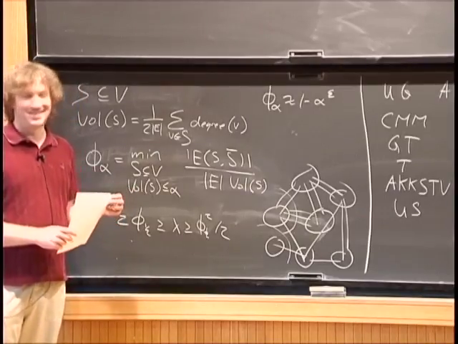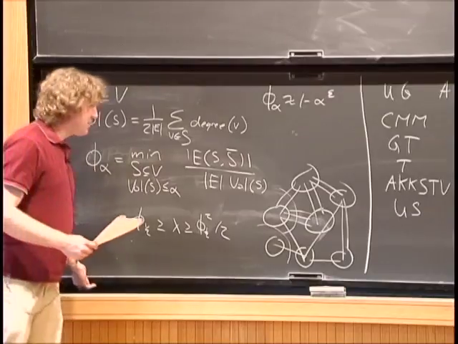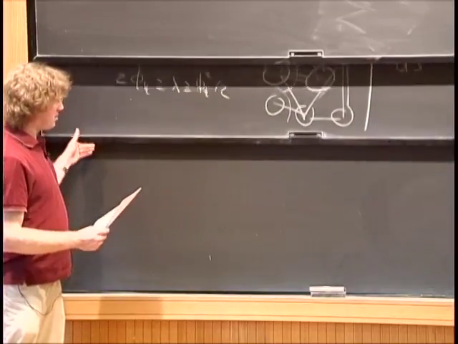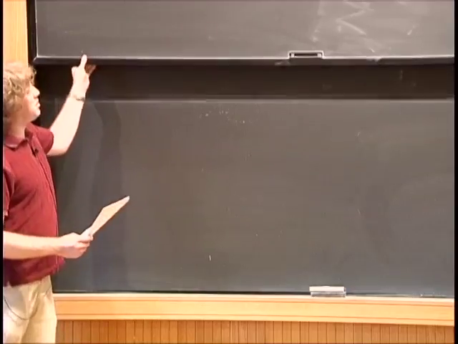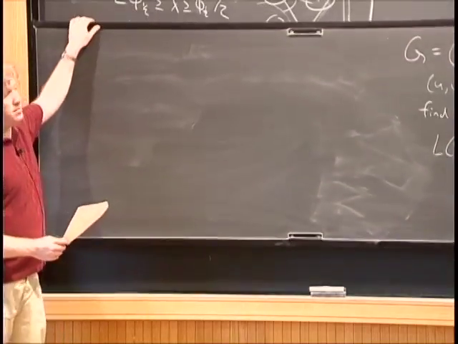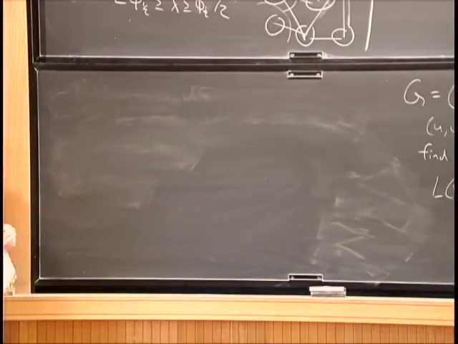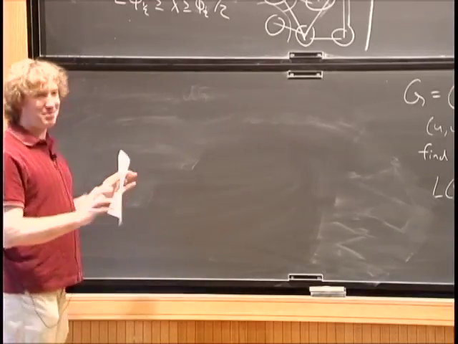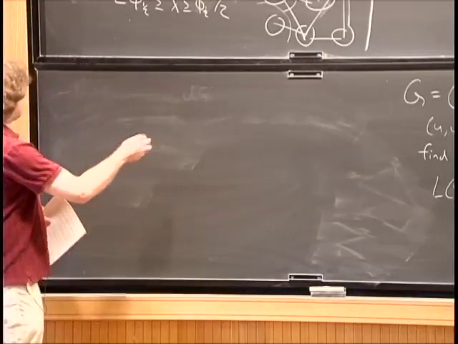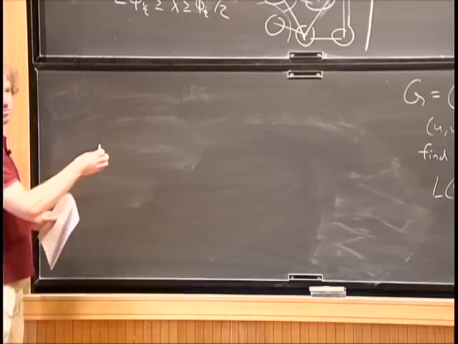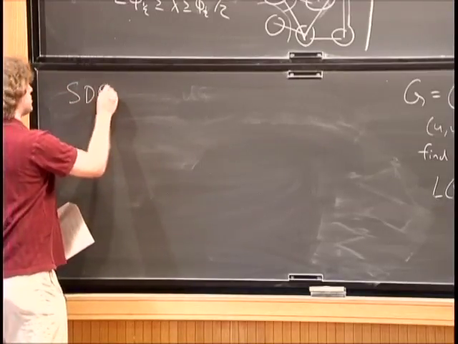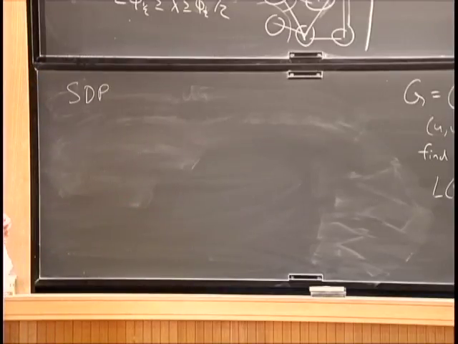Okay. So let me now talk about what the AKKSTV algorithm does, and then how we'll change it. So at a very high level, the AKKSTV algorithm runs a standard semi-definite program, and this gives some notion of distance between pairs of vertices.